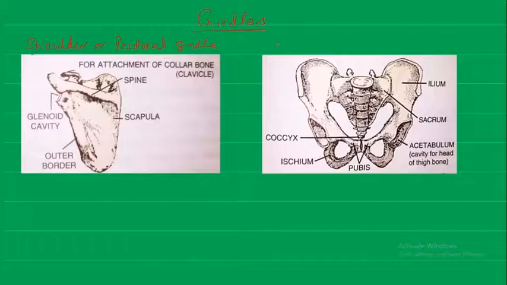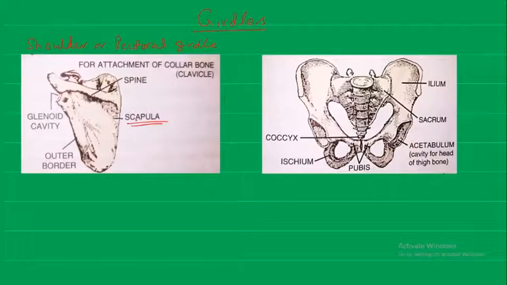It consists of two flat triangular shoulder blades, or the scapula. Below our shoulder on the back side, you can feel the triangular shoulder blade.